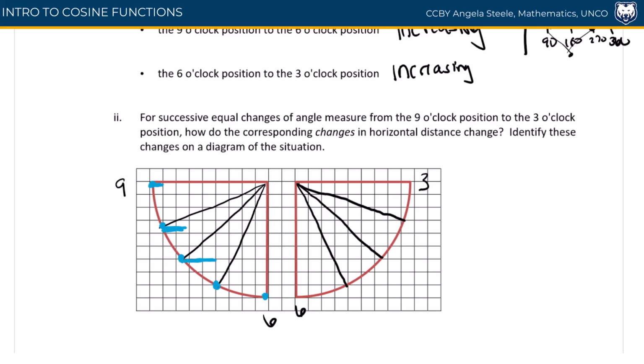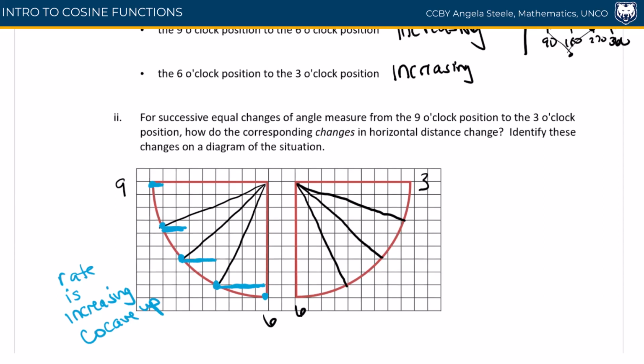And then going from this point to this point, we've got this horizontal line. And so we want to think about how are those lines changing? Well, you can see that those lines are getting larger, which means that the rate is increasing. And so because the rate is increasing, that means we are going to be concave up during that segment.